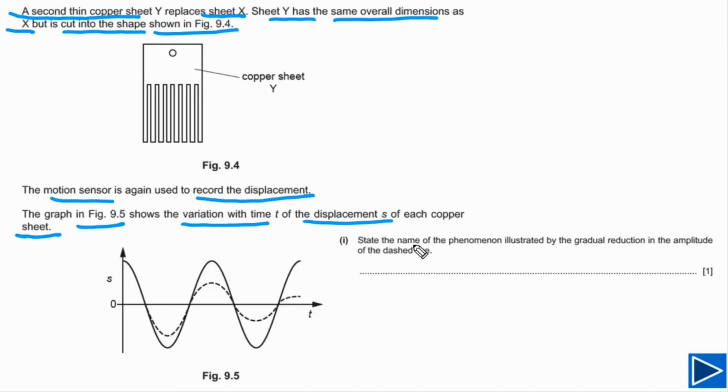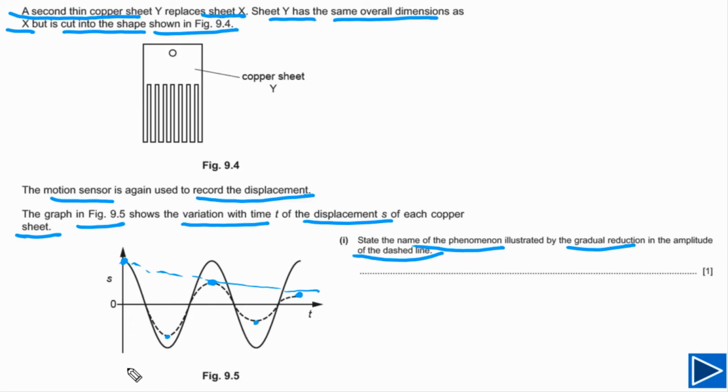For part C1, we need to state the name of the phenomenon illustrated by the reduction in the amplitude of the dashed line. If you look at the dashed line, it has this much amplitude here and then this amplitude here, and at the beginning the amplitude is this. So if we connect these points, we get an exponential decay like this. We can also connect these points to get a better picture.